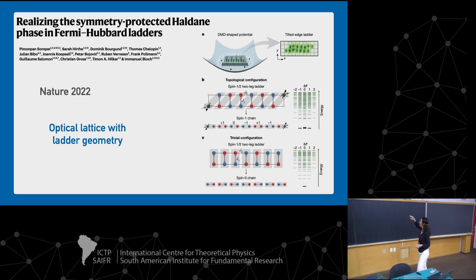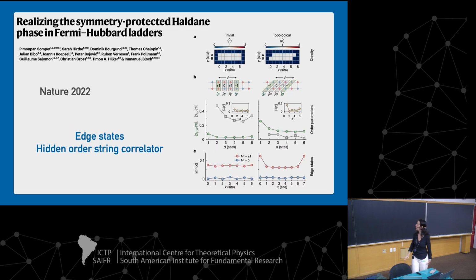And you have hopping along the rungs with a given value, hopping along the chain with a given value, and this system turned out to be topological. He measured edge states and the hidden order string correlator that I will talk about in a bit.